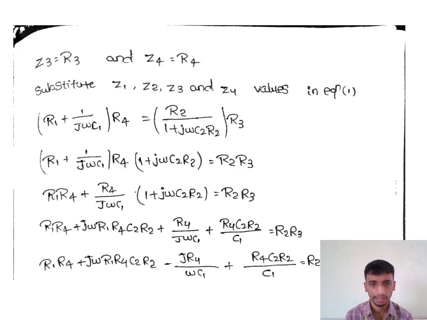We get (R1 plus 1 by j omega C1) into R4 is equal to R2 divided by (1 plus j omega C2 R2) into R3. At last, by substituting and dividing the values, we get R1 R4 plus j omega R1 R4 C2 R2 minus j R4 divided by omega C1 plus R4 C2 R2 divided by C1 is equal to R2 R3.